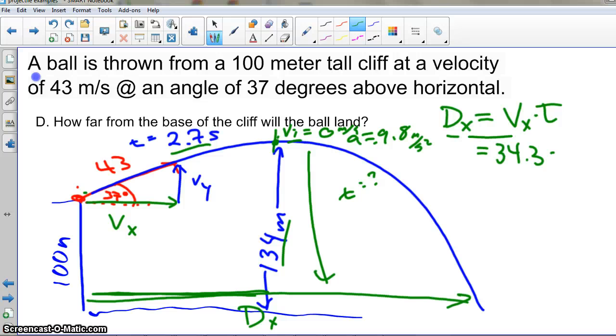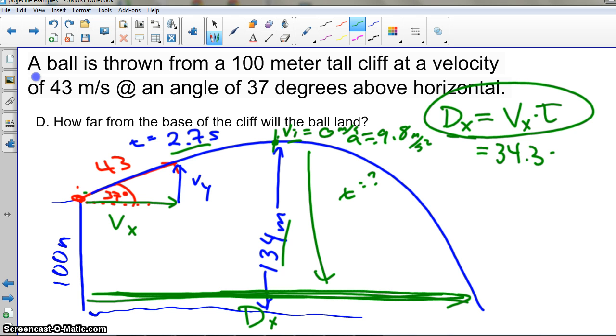You have your x formulas that deal with horizontal things, how far it goes in the x, the horizontal velocity, those kinds of things. And then you have your vertical formulas, your vit plus half at squared, your vf squared equals vi squared plus 2ad, all those accelerated formulas. All the accelerated formulas will be what we use when we're dealing with verticals, and this one is what we'll be using when we're dealing with horizontals.